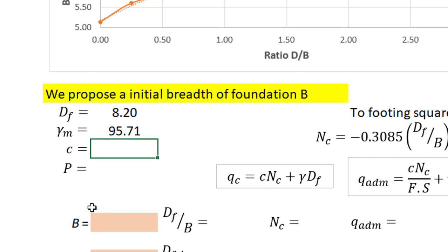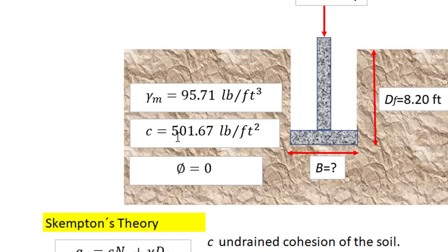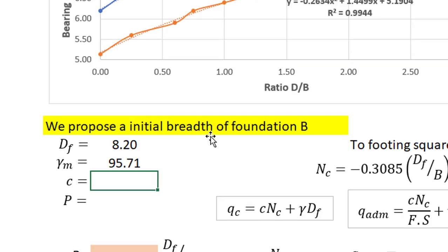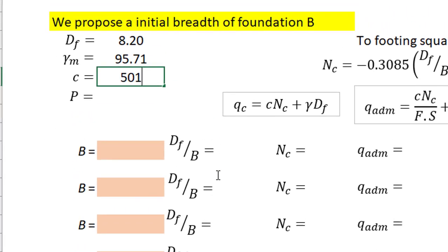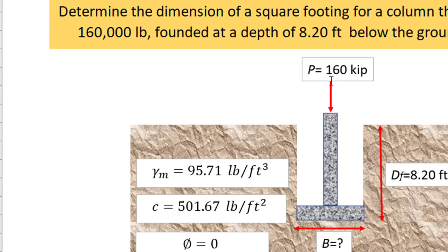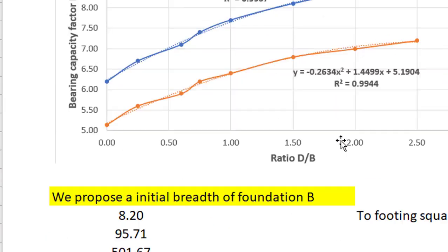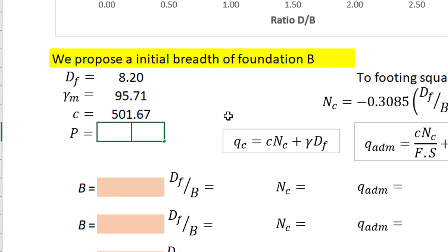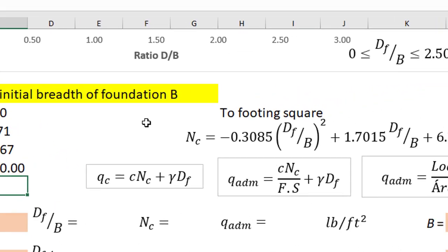The cohesion of the soil is equal to 501.67. The axial load is equal to 160 thousand pounds. Well, in this problem we have a square footing.